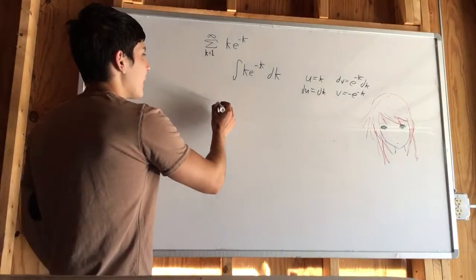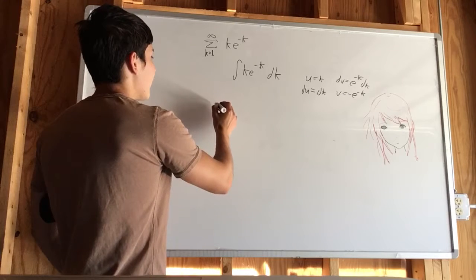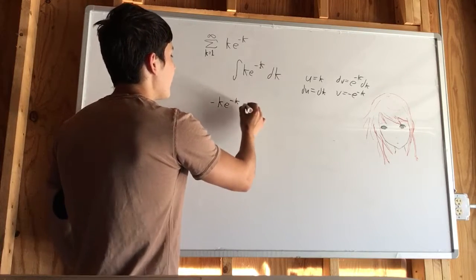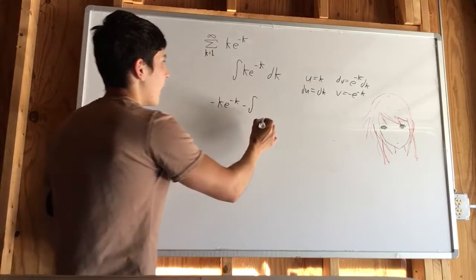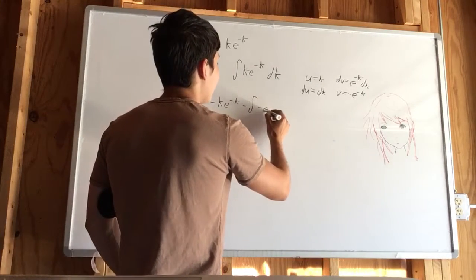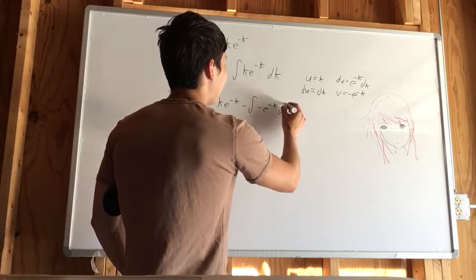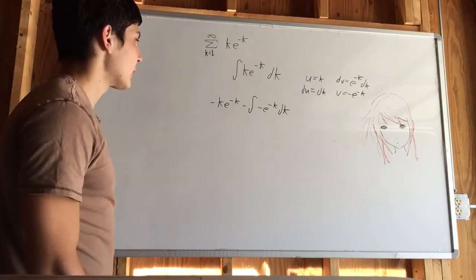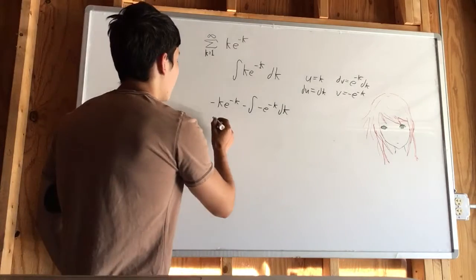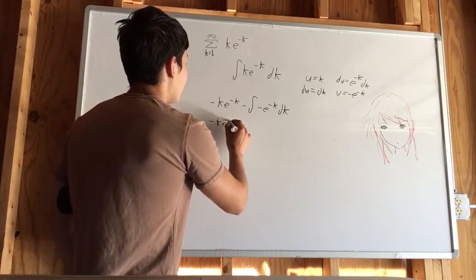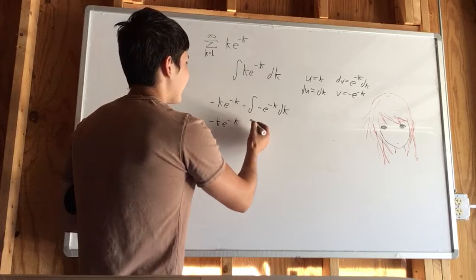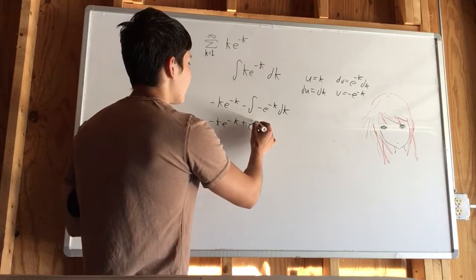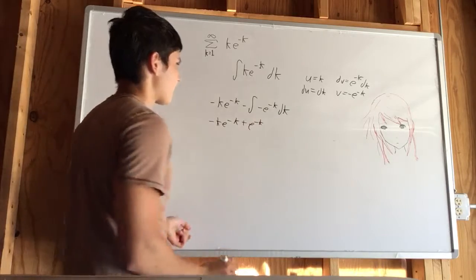So we have uv minus the integral of v du. That would be negative k e to the negative k, uv, minus the integral of v du, which is negative e to the negative k dk. The integral of this would give us negative k e to the negative k, and this would be positive e to the negative k.